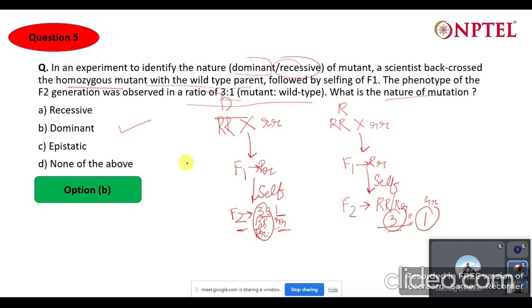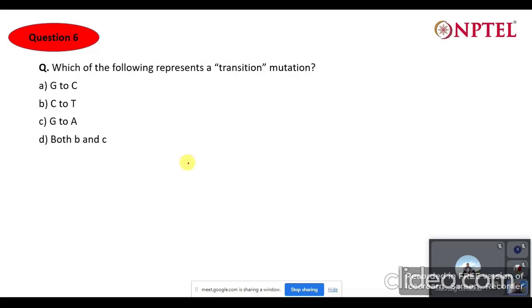Yes, sir. Okay, so let's move to the next question, question number 6. Which of the following represents a transition mutation? Just a second, someone was waiting.